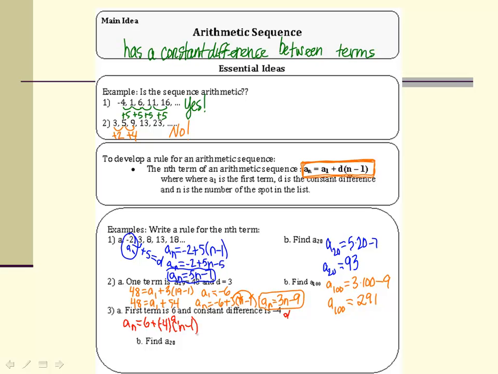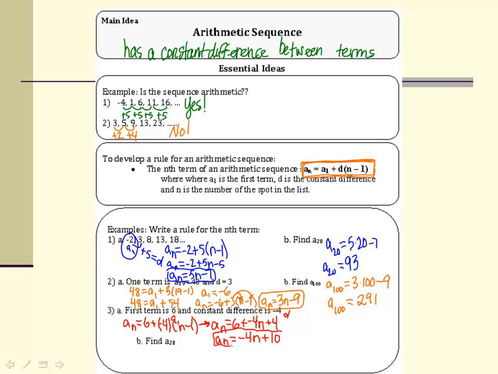Let's distribute to get rid of those parentheses. I've got a little more space here, so I'll do the work. A sub n equals 6 plus negative 4 times n is negative 4n. Negative 4 times negative 1 is positive 4. So I've got a sub n equals negative 4n plus 10.